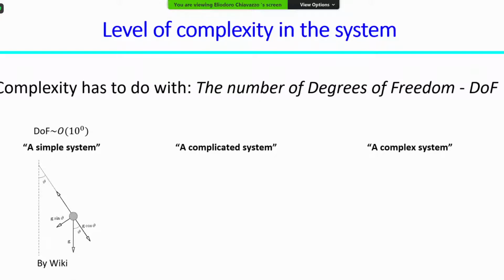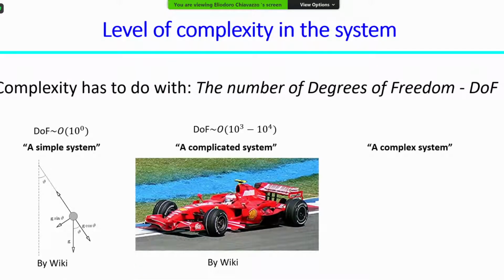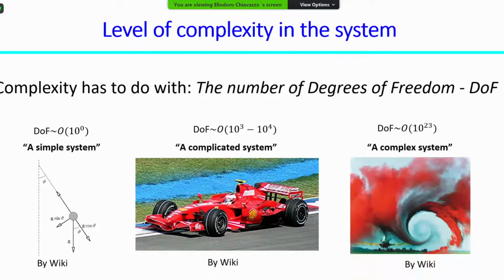So you may have a simple system with very few degrees of freedom, complicated systems with a much larger number of degrees of freedom, or complex systems, for instance, where in order to have a very detailed description of your turbulent gas, you have to resort to an Avogadro number of particles to be described.